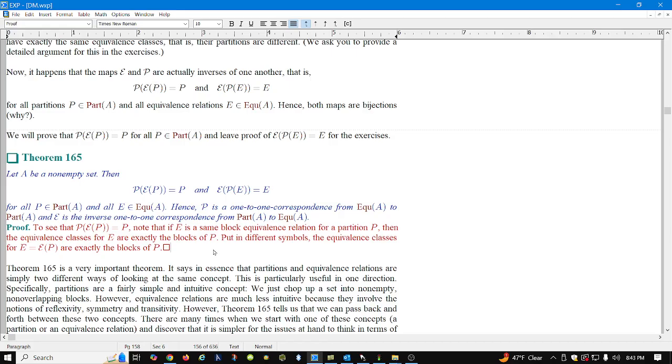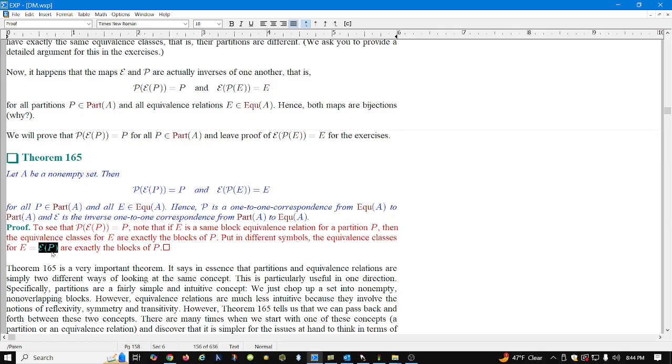So I'm going to say it again. If E is the same block equivalence relation for a partition P, then the equivalence classes are the blocks. That's it, really. But change the symbols a little bit.